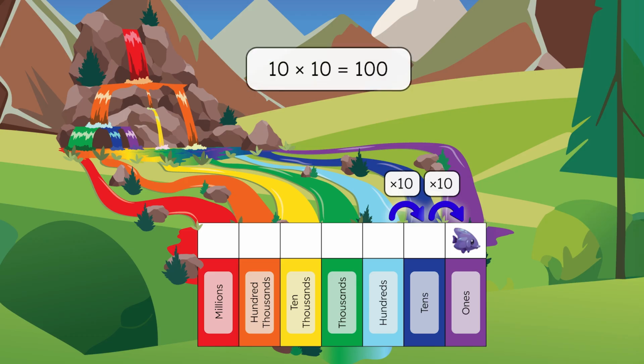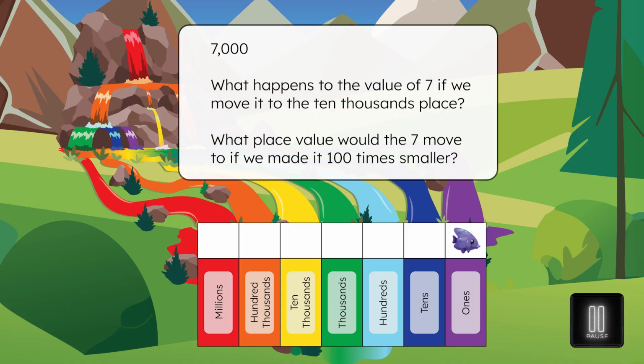Since 10 times 10 is 100, moving 2 places to the right makes the digit 100 times smaller. So, just like when we move to the left, moving to the right on the place value chart changes the digit's value. But this time it gets smaller by 10 times for every place it moves. Pause here to practice increasing and decreasing the value of more digits in your guided notes.